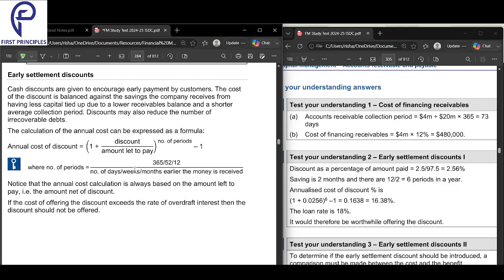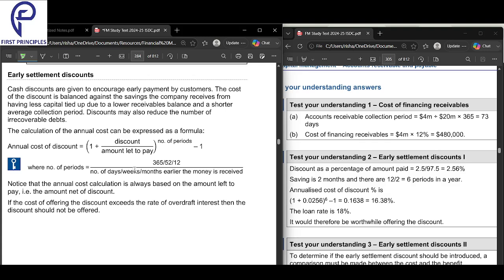Minus 1. See how much it gives you. 0.1935. Just check: 2.5 divided by 97.5, are you getting 2.56?